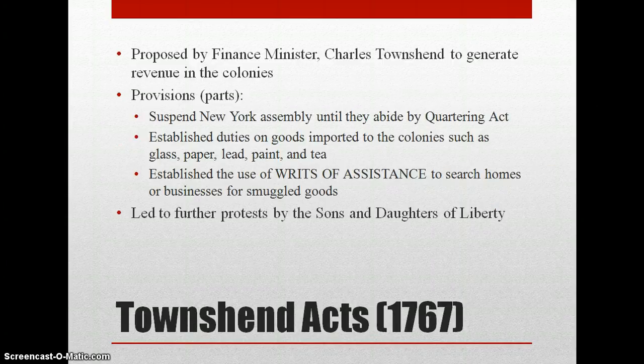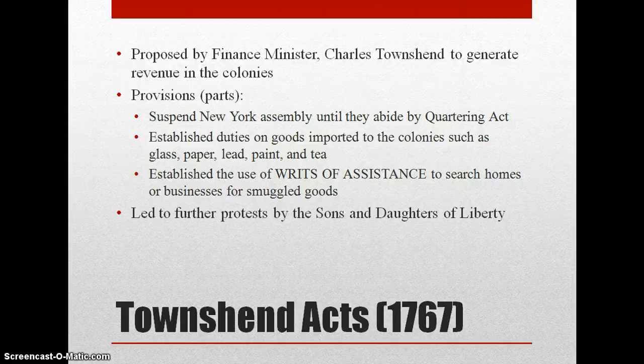The Townshend Acts are in 1767, and they're proposed by the finance minister, Charles Townshend, to, again, generate revenue in the colonies. Your provisions within the Townshend Acts include suspending the New York Assembly until they abide by the Quartering Act, establishing duties on goods imported to the colonies, such as glass, paper, lead, paint, tea.